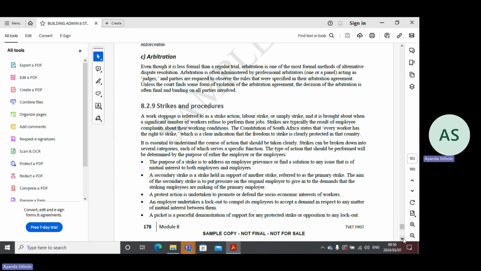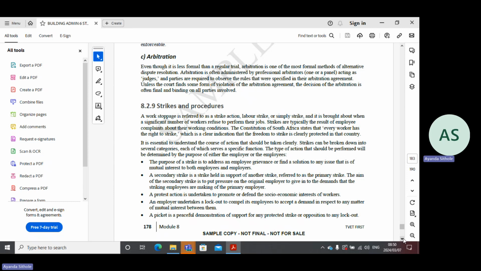The Constitution of South Africa states that every worker has the right to strike, which is a clear indication that the freedom to strike is clearly protected in this country. So guys, if you as workers see that you don't get the right service, you don't get your needs met in a company, you have the right to strike.